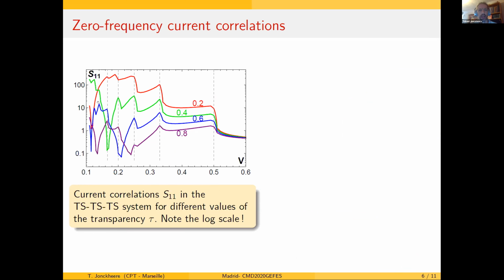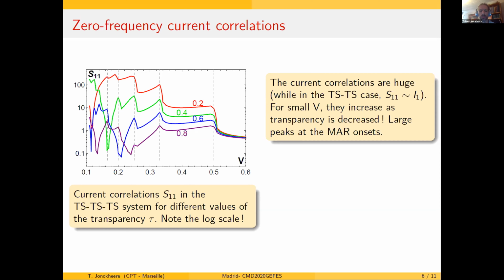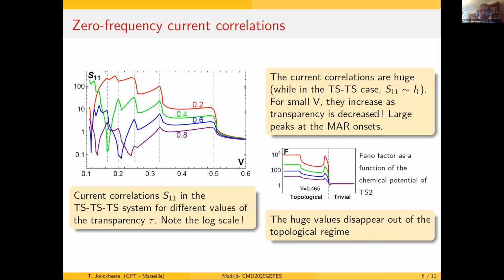And the first thing we want to be sure of is that this is really related to the fact that we have a system out of equilibrium with 3 topological superconductors. And one way to do this is to turn a knob to change a parameter such that one of the leads is not topological anymore. So here I show the Fano factor, the ratio of the noise to the current, when I vary the intrinsic chemical potential of the second topological superconductor.